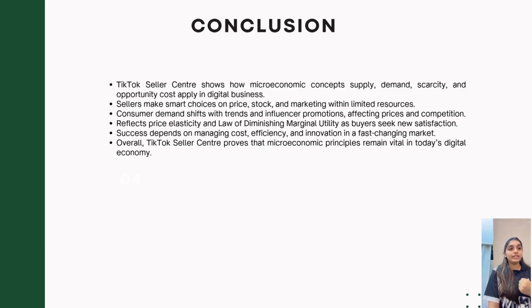The law of diminishing marginal utility is also evident, as satisfaction decreases with repeated purchases, encouraging constant innovation. Overall, TikTok Seller Center reflects how economic principles continue to guide decisions in today's fast-paced online marketplace. Thank you so much. So this is our part, and thank you.